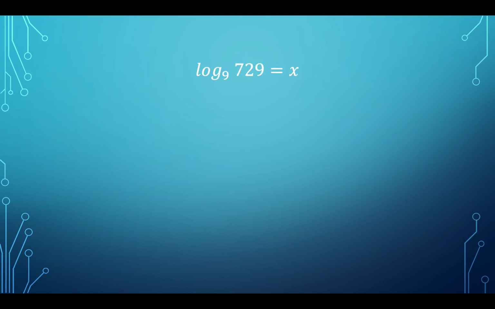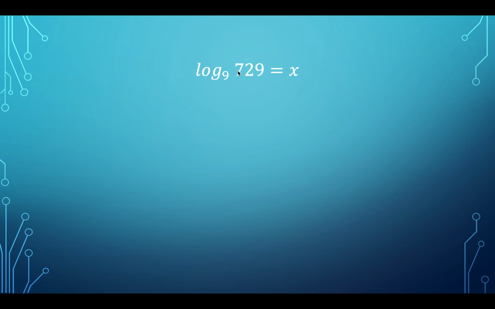Now let's try this one. I'm going to explain how I like to do these. Log base 9 of 729 is equal to x. So we already have our base and we already have our answer. So we're just now looking for our exponent. The way I like to do these ones is I like to play a little guessing game.